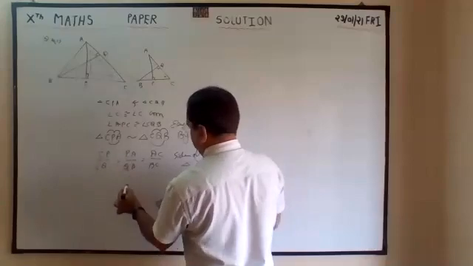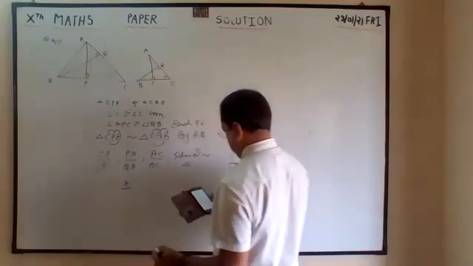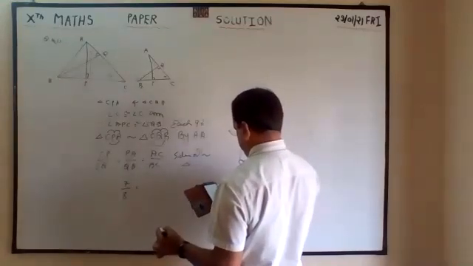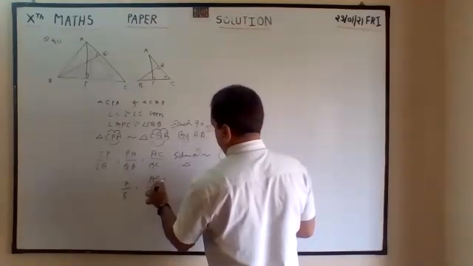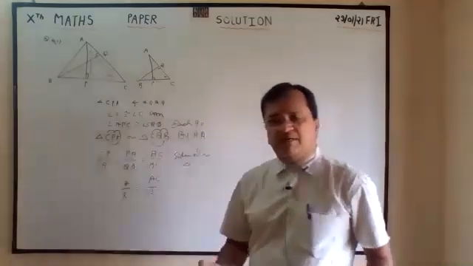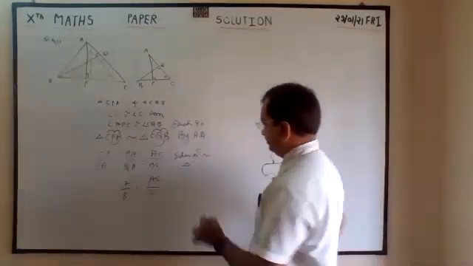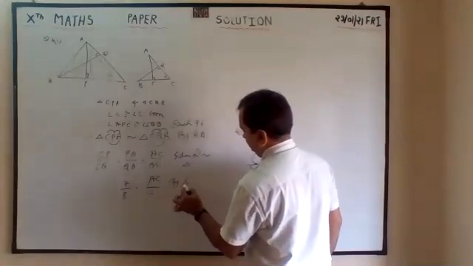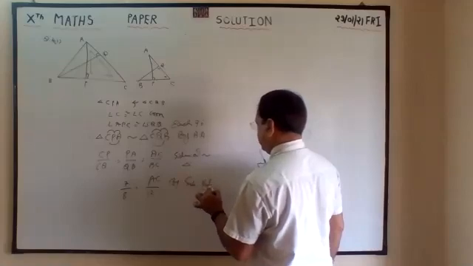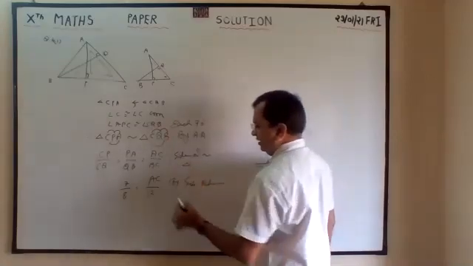AP is what? 7. QB is what? 8. AC we have to find out. BC 12. Okay, by substituting the values.